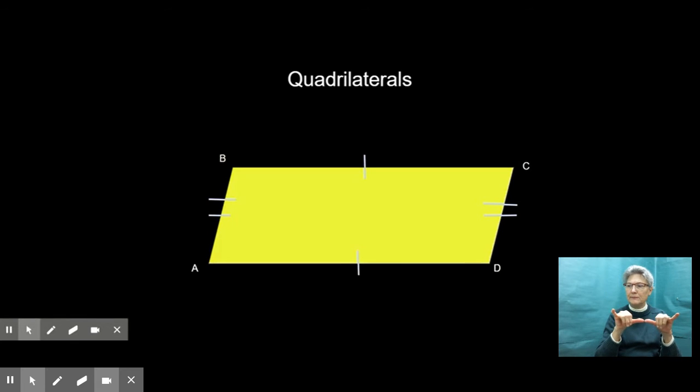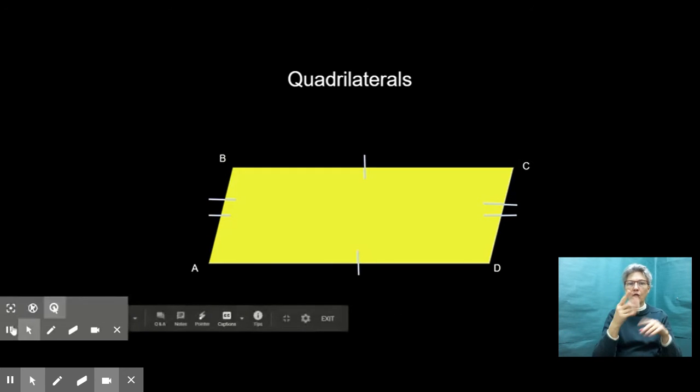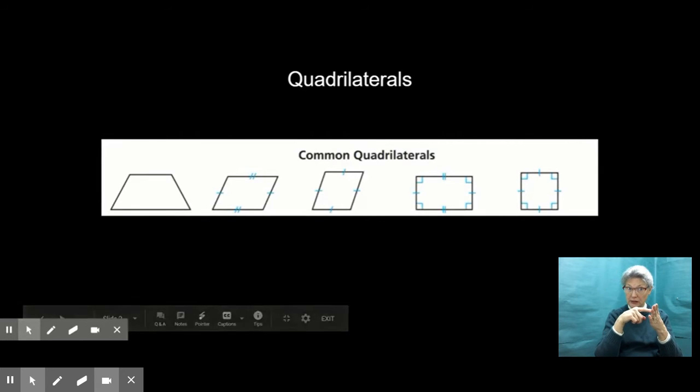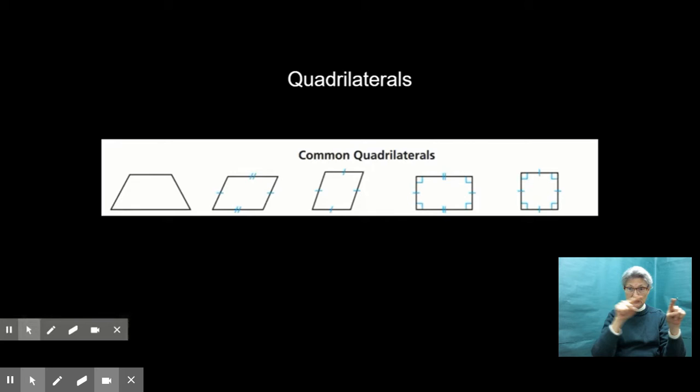We're going to take a look at some common quadrilaterals. And we know that all of these quadrilaterals we're looking at are polygons with 4 sides and 4 angles. You'll notice that there's no names attached to these common quadrilaterals. That's because I want you to really think about, what are these shapes?